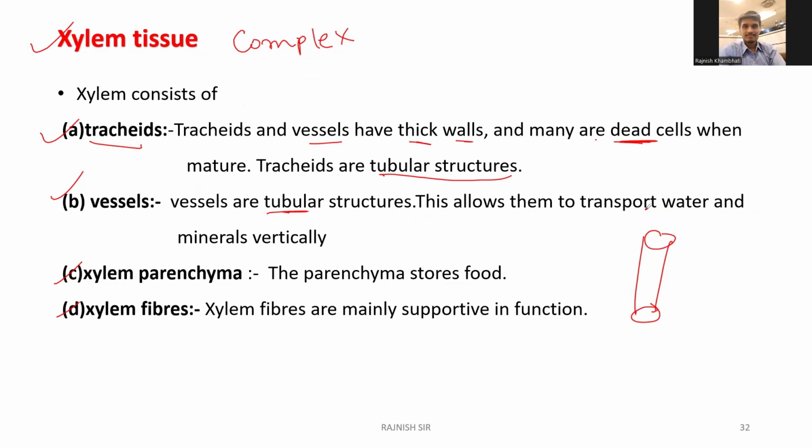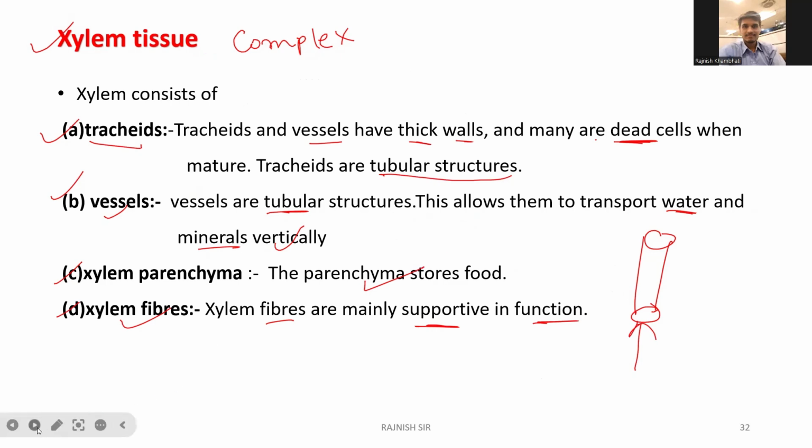This allows them to transport water and minerals vertically, from downside to upside. It is called a vessel. Xylem parenchyma stores the food, and xylem fiber is mainly supportive in function.